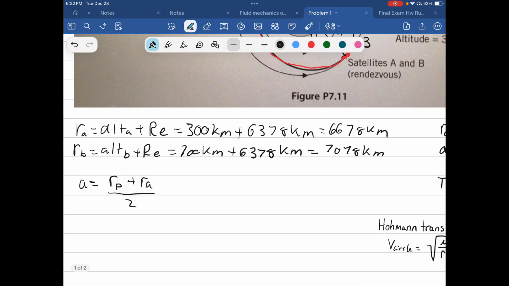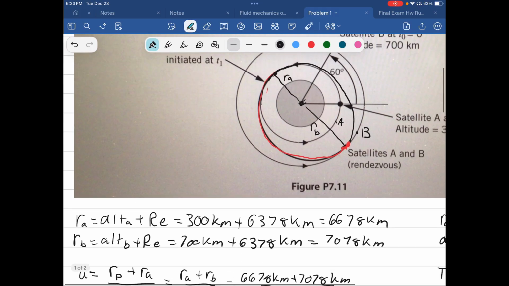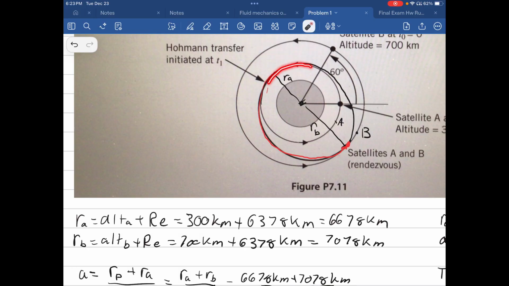So that's the same thing as R orbit A plus R orbit B over 2 equals 6,678 kilometers plus 7,078 kilometers over 2, and we get a equals 6,878 kilometers.